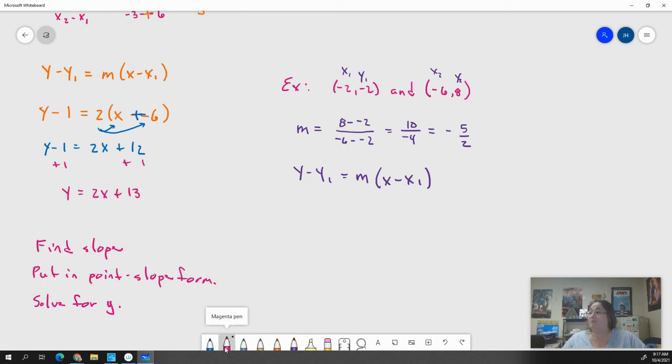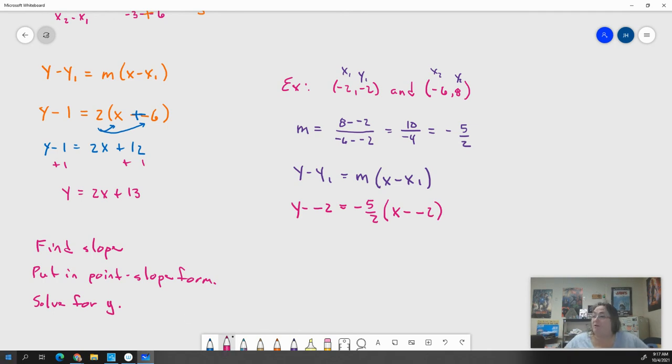So we've got y minus y1. Well, our y1 is just negative 2, equals m. Well, our m is negative 5 halves times x minus our x1. Well, our x1 is also just negative 2. Right? So we have our formula filled out.